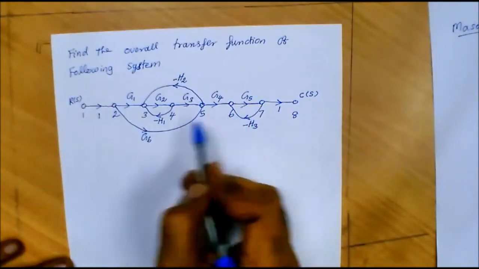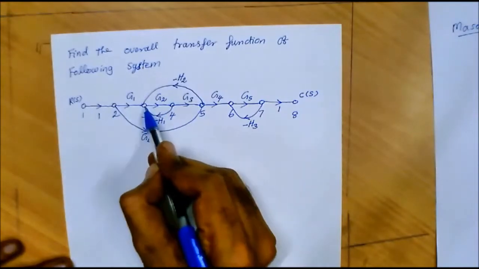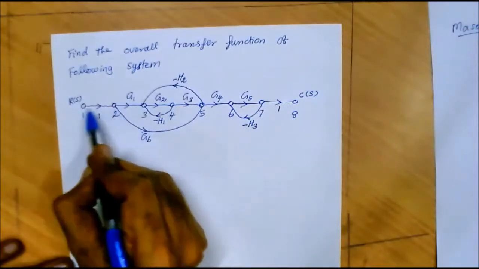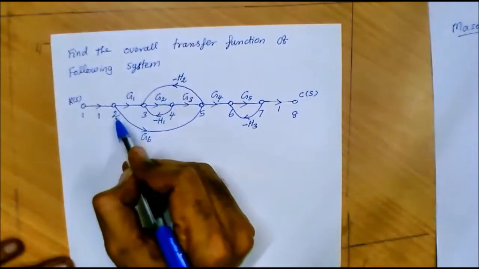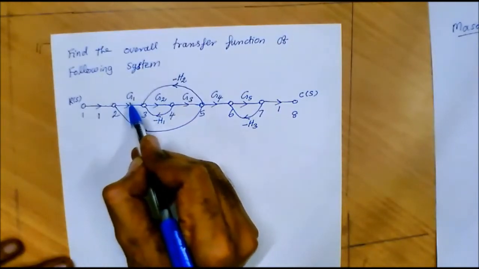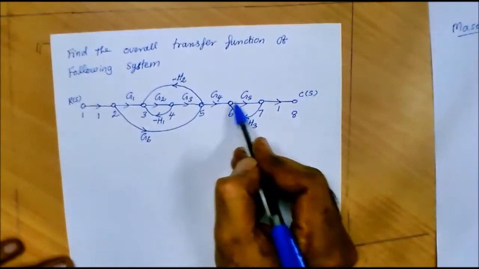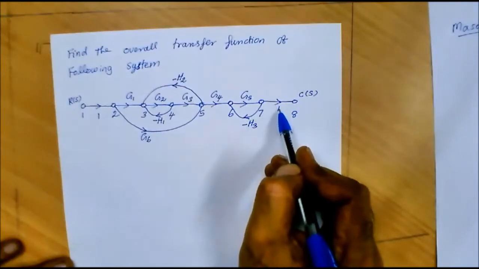In this signal flow graph, we have 8 nodes in total, 1, 2, 3, 4 up to 8. Between 1 and 2 we have a branch with gain 1. Similarly, between 2 and 3 we have a branch with gain G1, and then G2, G3, G4, G5, and at the output node we have a branch with gain 1.